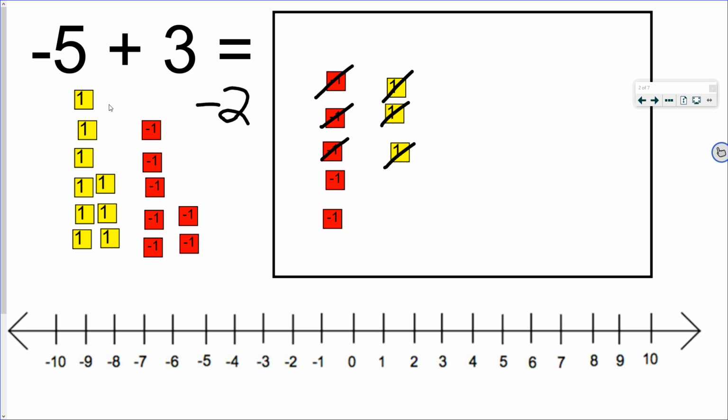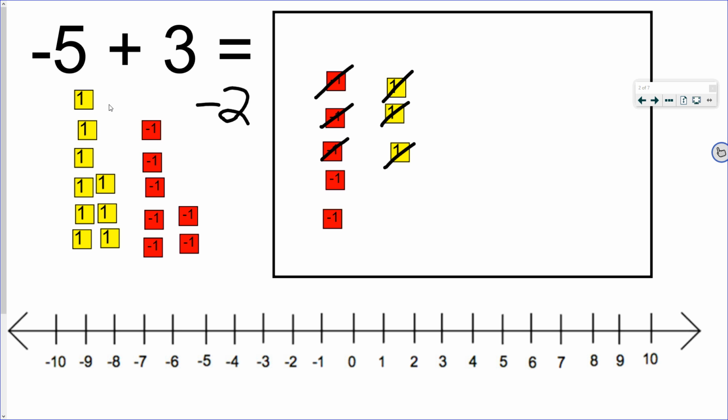Because we have more negatives than positives, we end up wanting to know the difference between the two. The difference in math is subtraction. Even though the sign is addition, a difference means to subtract. So we want to know the difference between the positive integers and the negative integers. And the answer is negative 2.